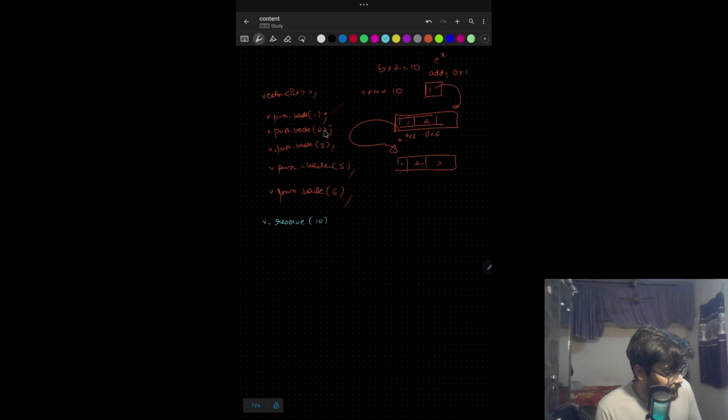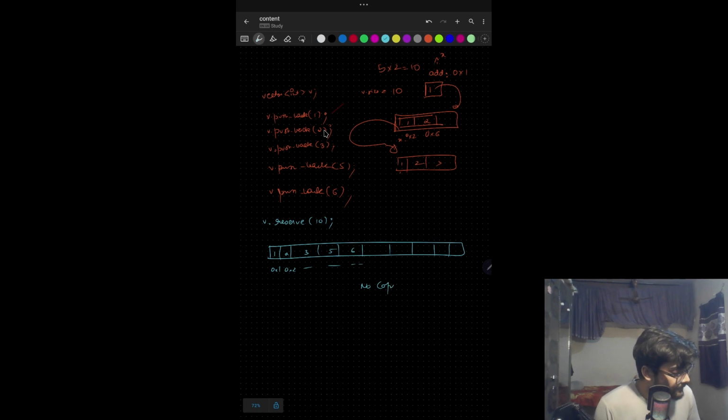If you want 10, you can get 10. Boom. It would create empty spaces, 1 through 10. Now if we push back here, 1, 2, 3, 5 and 6, it will have the same addresses, 0x1, 0x2, and no copying, right? No copying.